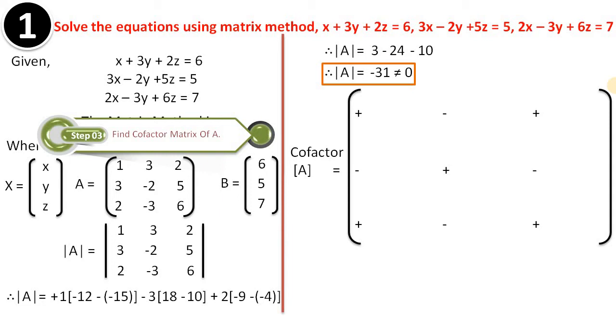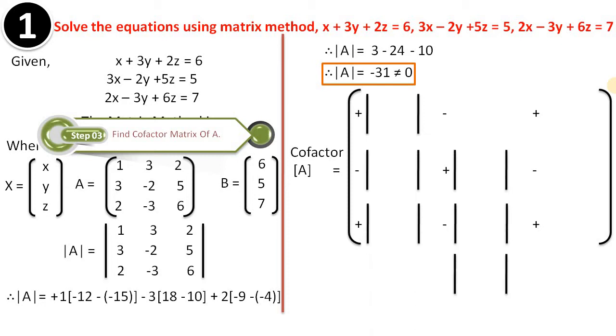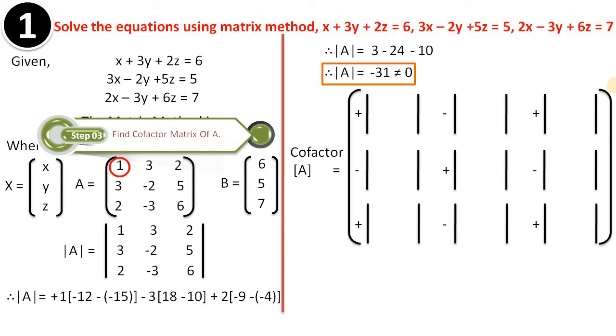And then second part is to find the minor of each element. Now let's see how to find the minor of each element. So first element is 1 and minor of 1 is obtained by deleting the row and column in which that element is present. So here it is present in first row first column, delete it and write down the remaining elements.